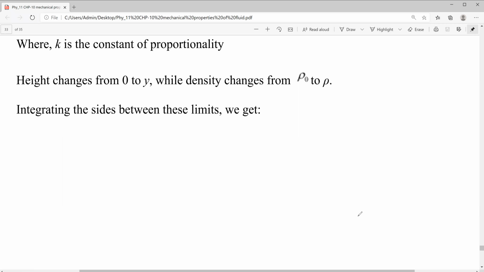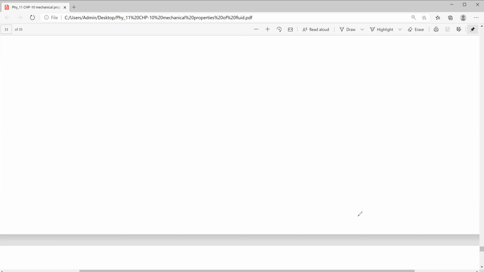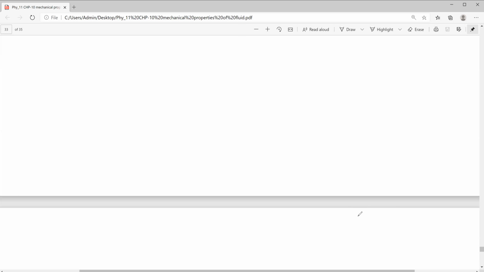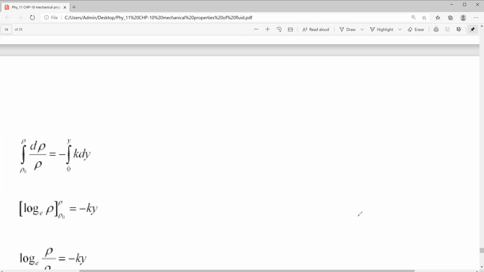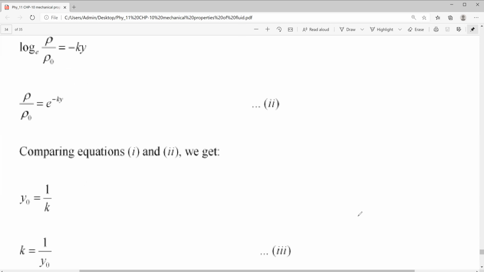Height changes from 0 to y value. By integrating from the lower limit to the higher limit, which you will understand completely when you learn the integration process, we got rho by rho naught is equal to e raised to minus k into y.